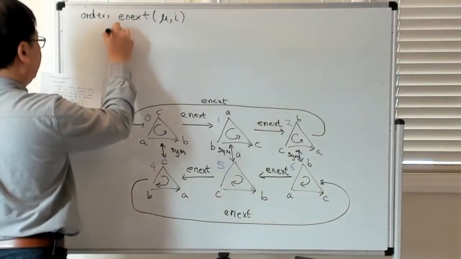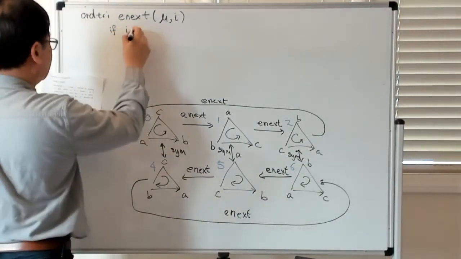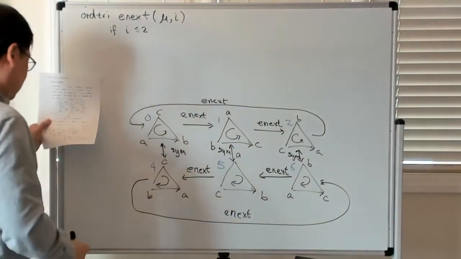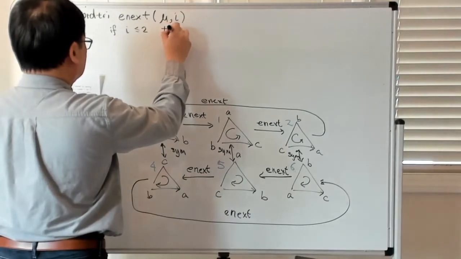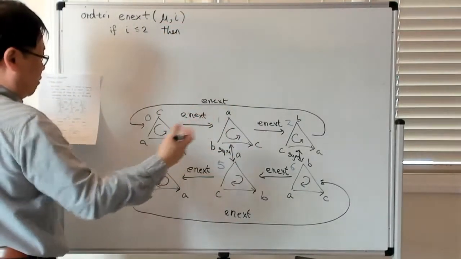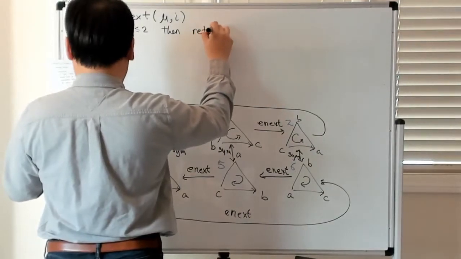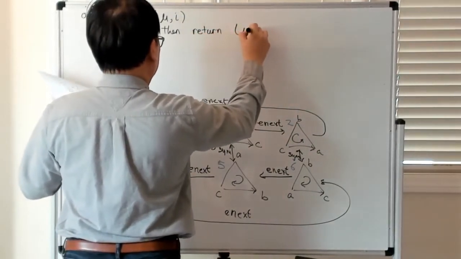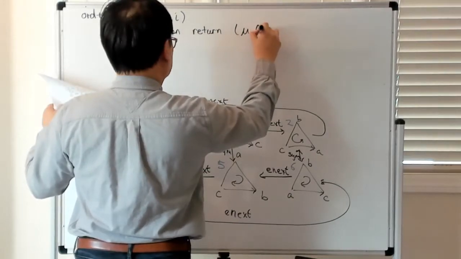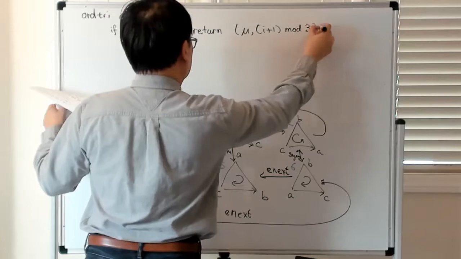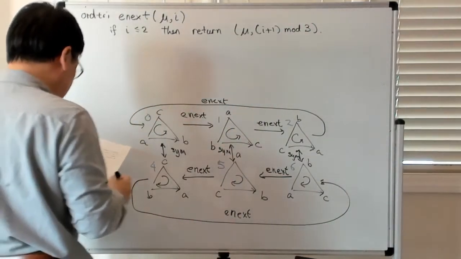If this orientation is less than or equal to 2, which means it's in this top orientation, then what you want to do is just shift by 1 modulo 3, and return the same triangle but with a different orientation, which is I plus 1 mod 3. So that should be fairly clear why that is.